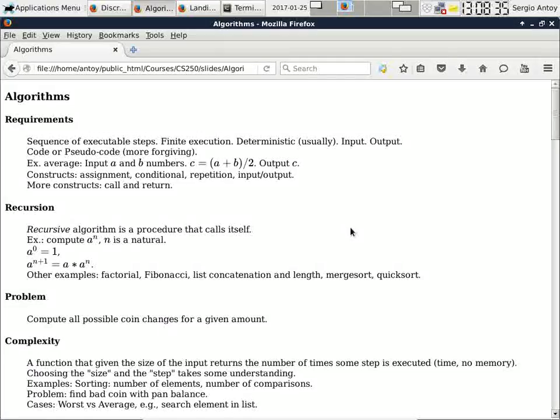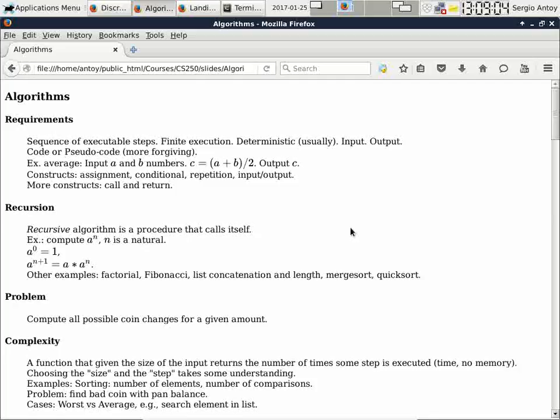And so now I have to compute 7 to the 1, which is 0 plus 1, because it's not a 0. So what do we get? We get 7 times 7 to the 0. And so what is 7 to the 0? 1. So this 7 to the 1 is 7.